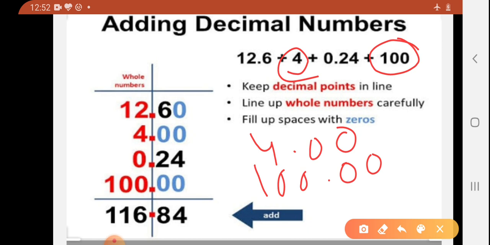Therefore, we can assume the decimal part as 0. The value will not change. Now again we follow the same steps. 12.60 in the same line, 4.00, and here 0.24. Integral part is not given, therefore 0.24. 100.00. Now we simply add and write the decimal point where it falls.